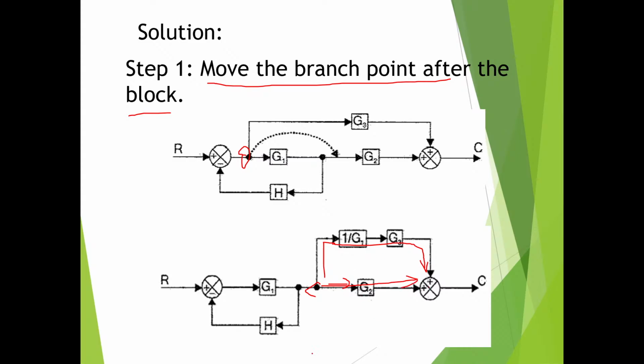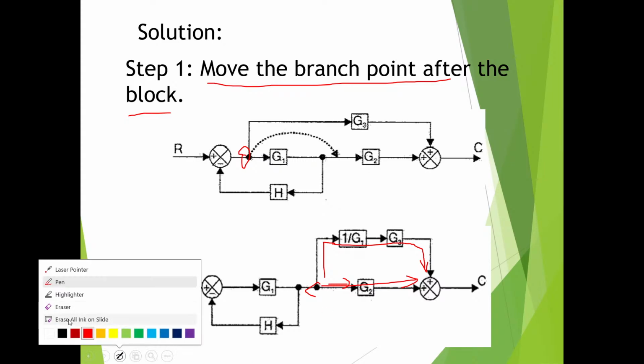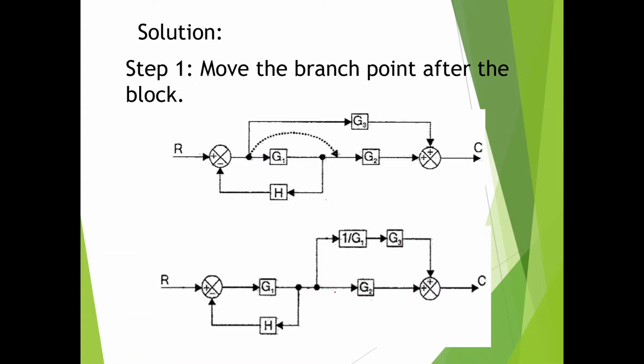So I can say G2 and this 1 by G1 and G3, they are in parallel to each other. Okay, they are parallel to each other.